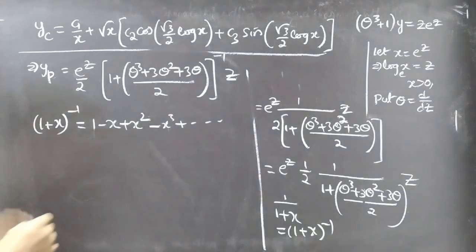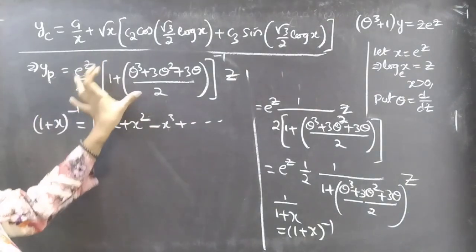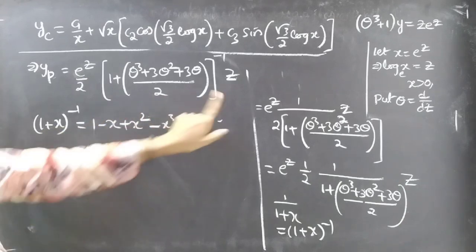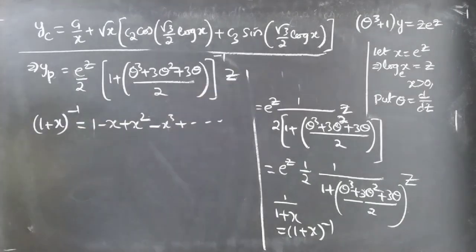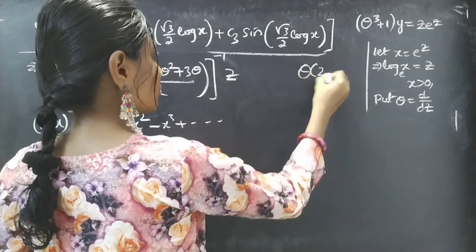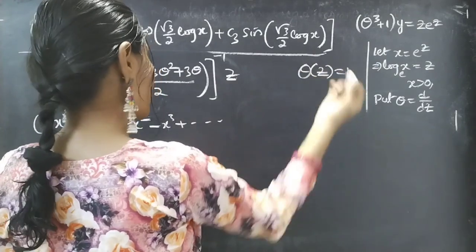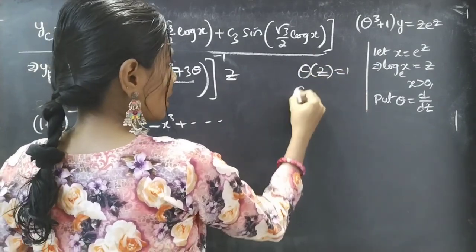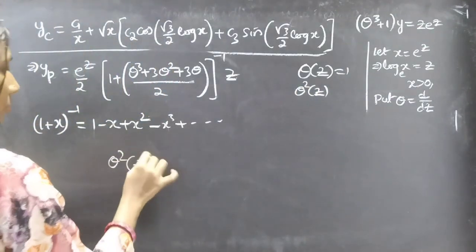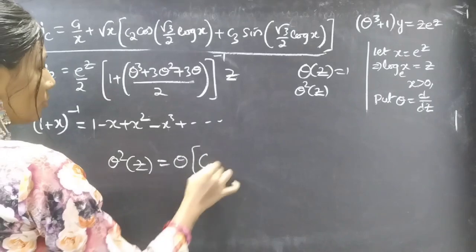So before expanding this using binomial series expansion formula, we'll find the derivatives of z with respect to z. Theta of z is 1, derivative of z with respect to z is 1, right? And theta square of z, we can write as theta of z.